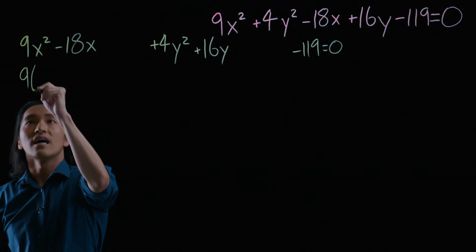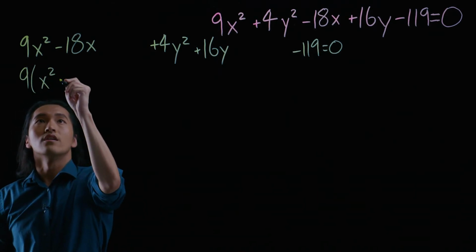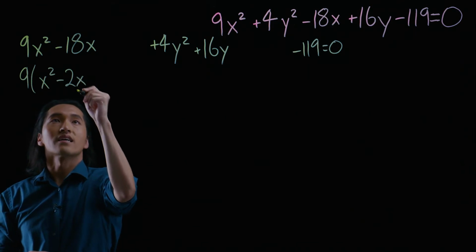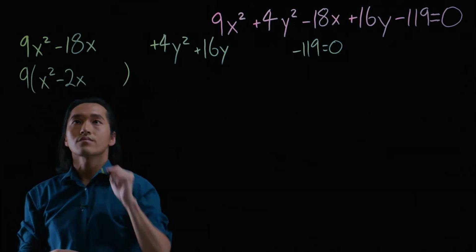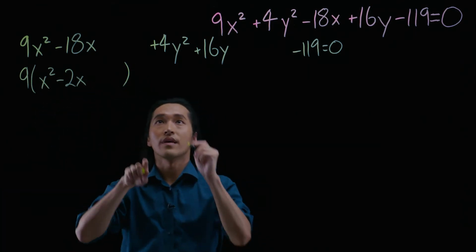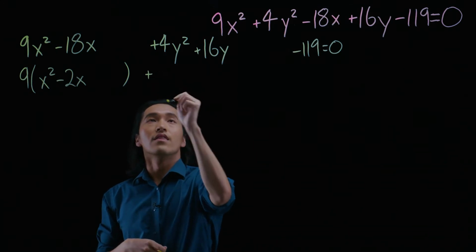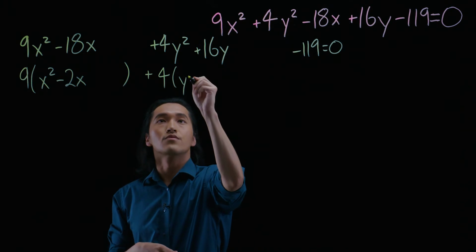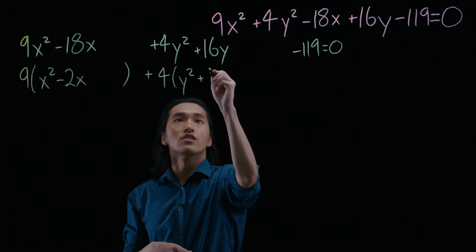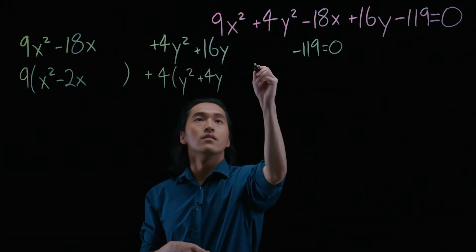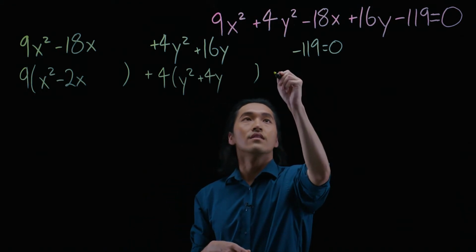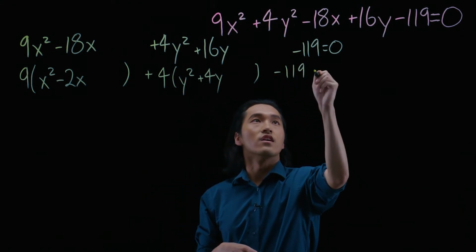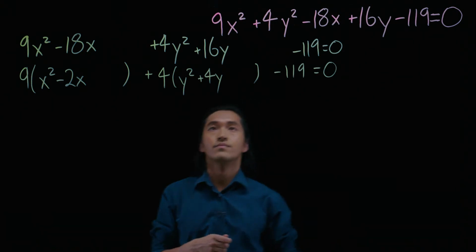This becomes 9 times parentheses x squared minus 2x, and again, we'll leave a little bit of space. And then here we can factor out the 4. That becomes 4 times y squared plus 4y. And then still it's going to be minus 119 equals 0.